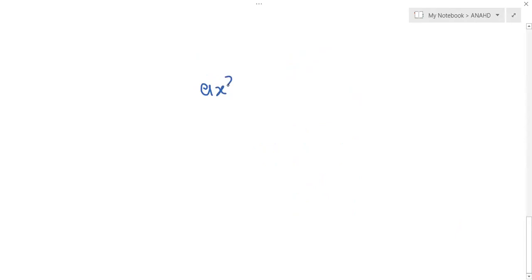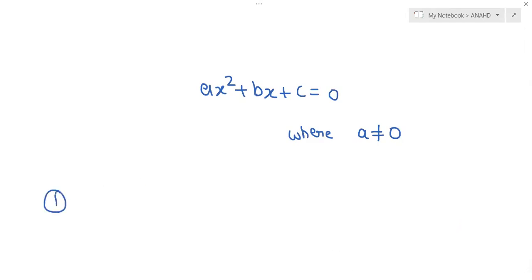It's ax square plus bx plus c equal to 0, where strictly a is not equal to 0. So there are three types. The first type is when we solve it by the method of factorization.